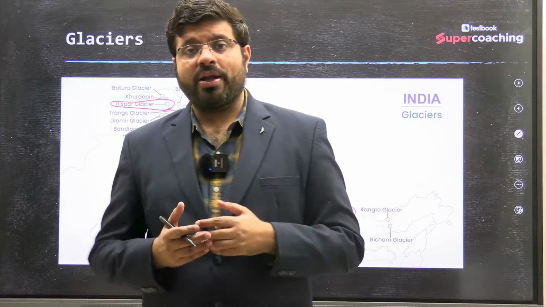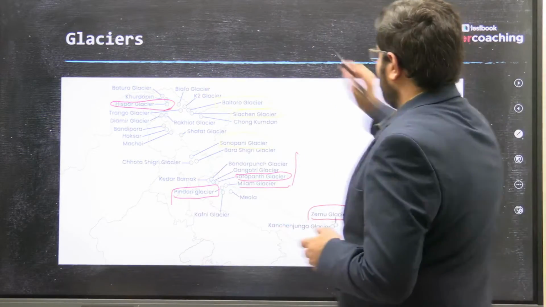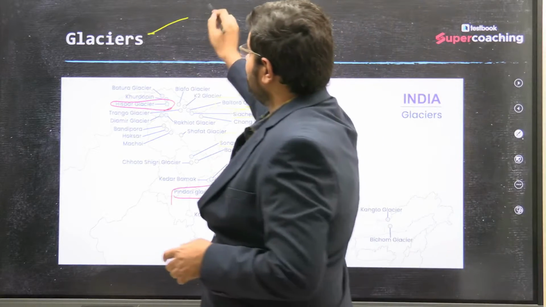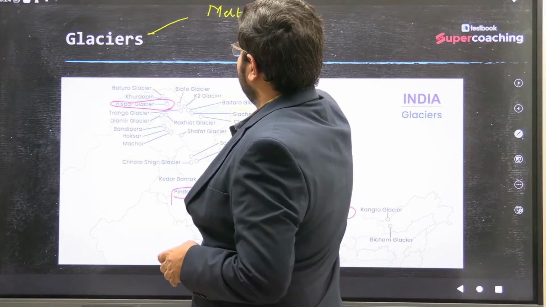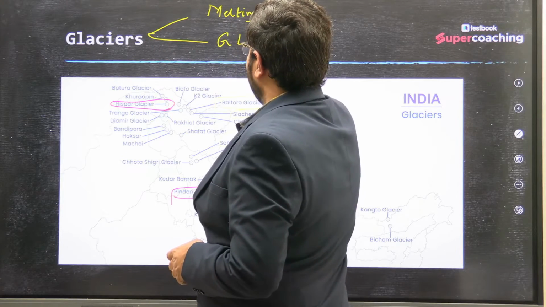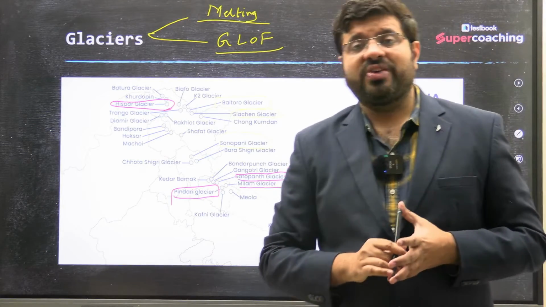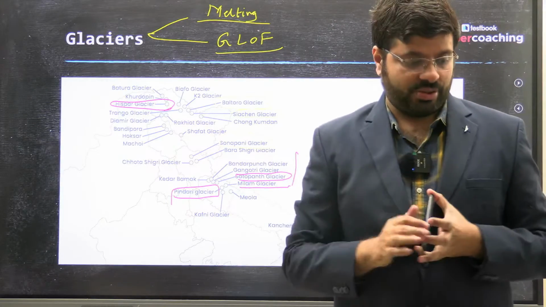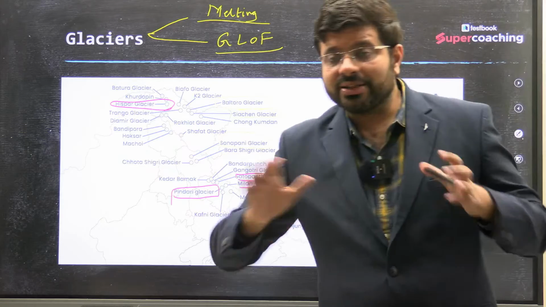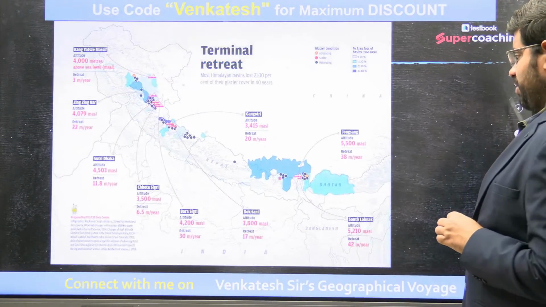Then the second point: anything associated with the melting of glaciers, anything associated with glacial lake outburst floods, becomes very important for our preparation, right? These are the things you need to identify from the glaciers.